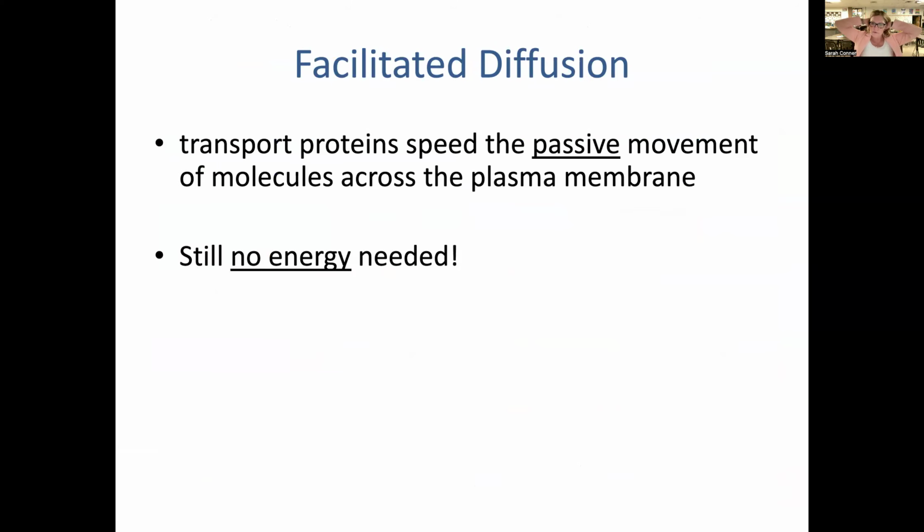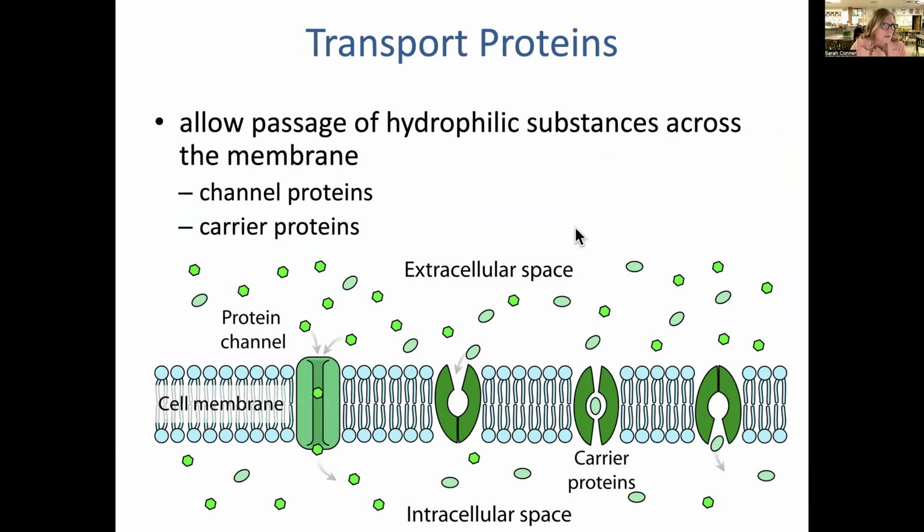Facilitated diffusion is actually passive as well, but it needs help. It usually has movement through molecules like the protein channels that we talked about last week. This still doesn't need any type of energy, but it uses those transport proteins that we looked at in the cell membrane to move from the higher concentration to the lower concentration.